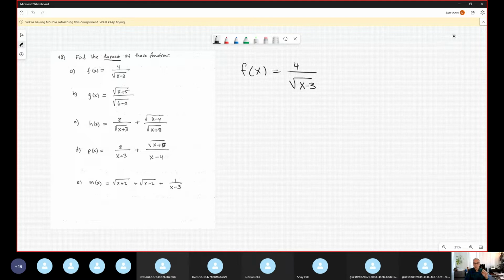Do we use restriction 1, restriction 2, or restriction 3? I suppose restriction 3. So you take the expression inside the radical and you enforce it to be positive only, right? And you solve this elementary inequality: x greater than 3.